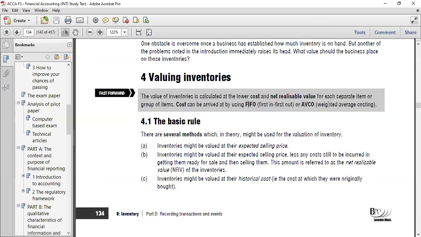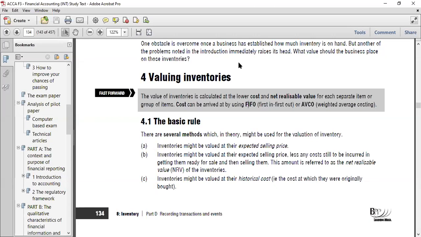Maybe somebody is going to sell a vehicle for 200 million, and they may value it at that value. But ideally, as accountants, we know that that is wrong. We cannot value inventory at the sales value, because we've not yet sold the inventory. So we don't want to overstate our inventory.